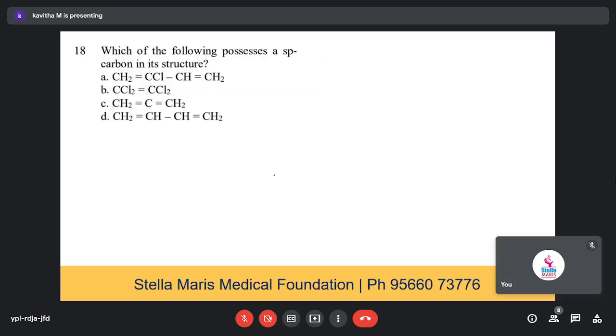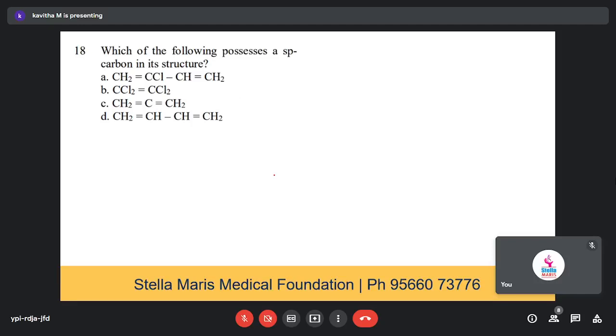The next question: which of the following possesses sp carbon in its structure? So sp carbon means you should have a triple bond, that is, two pi bonds on a particular carbon. That will have sp hybridization.